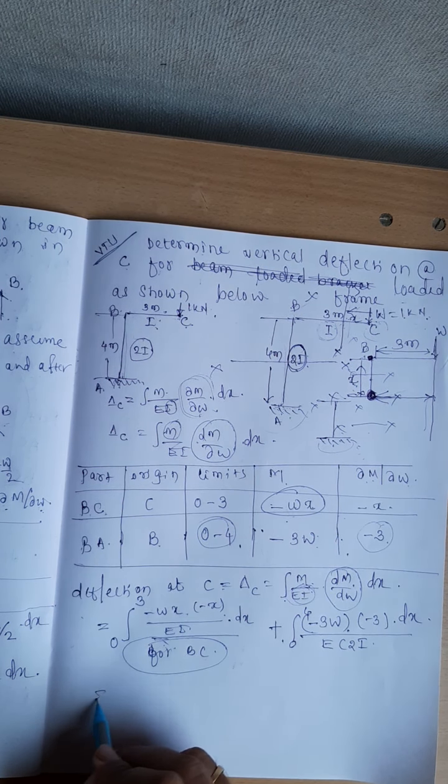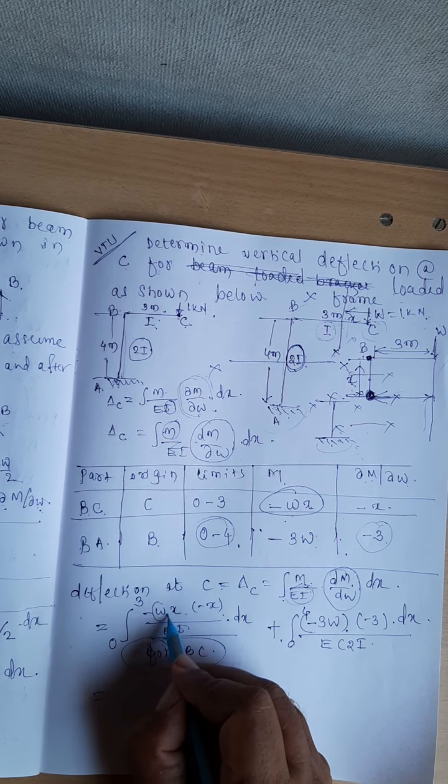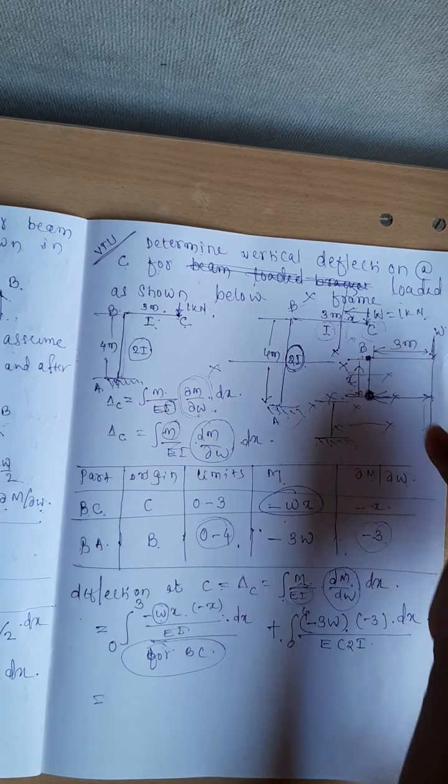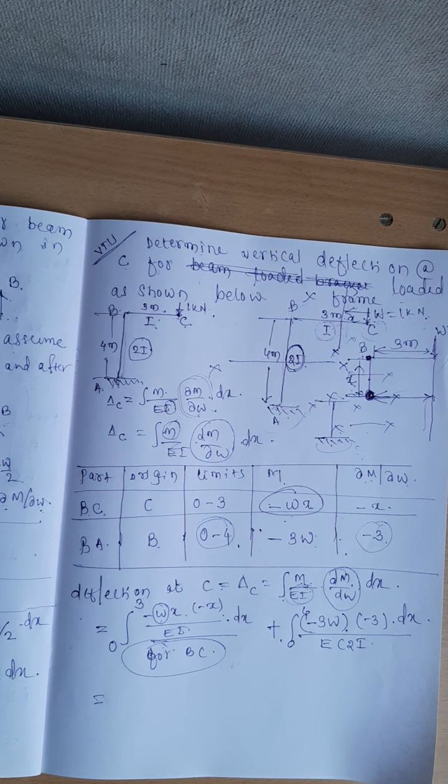Now you simplify and substitute the value of W. What is the value of W actually in the problem? It is equal to 1, or at the end you can substitute it.